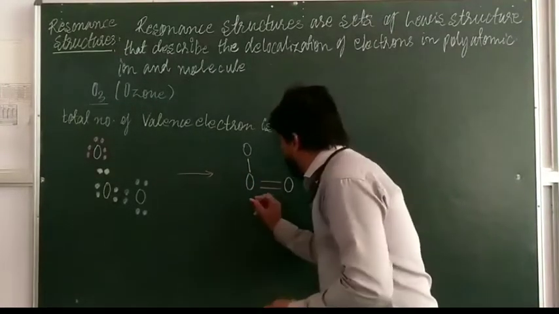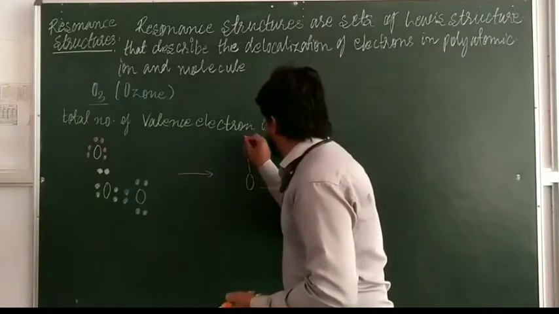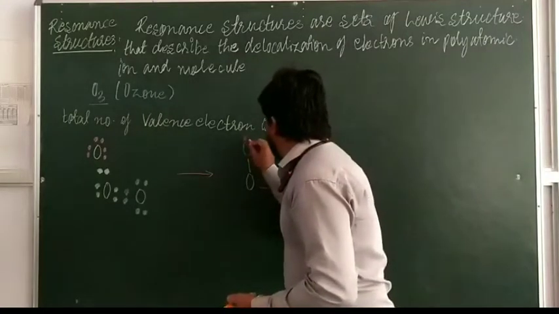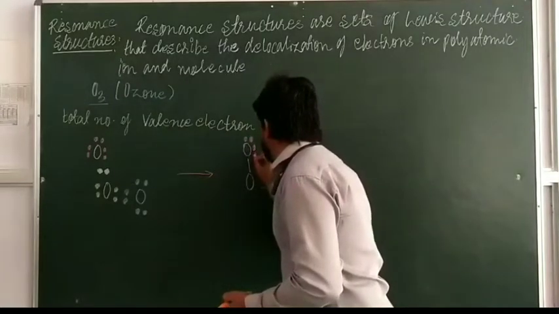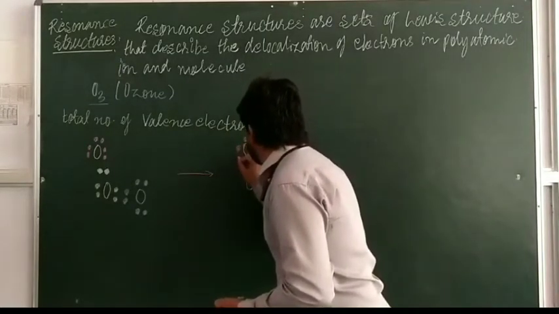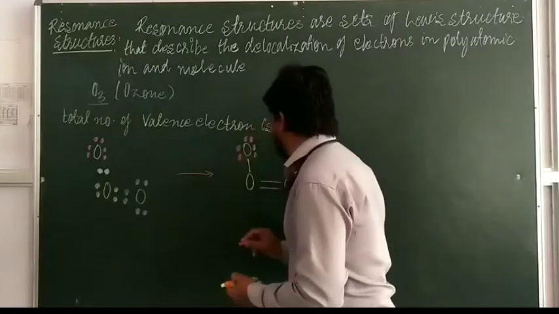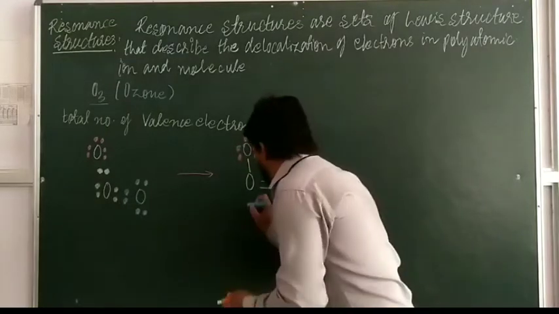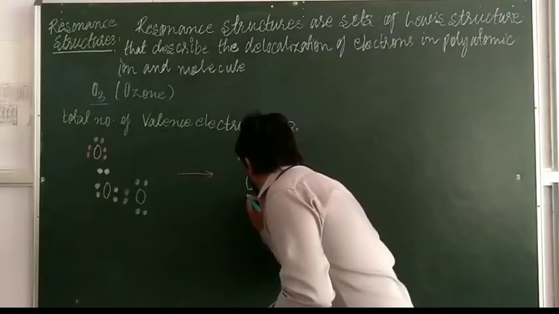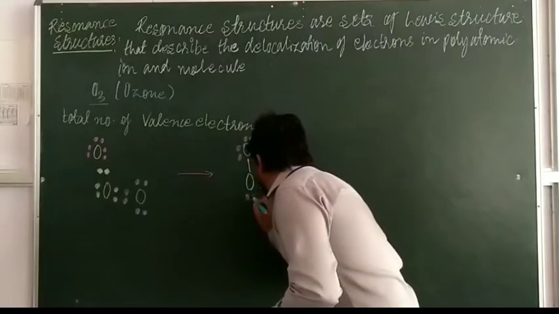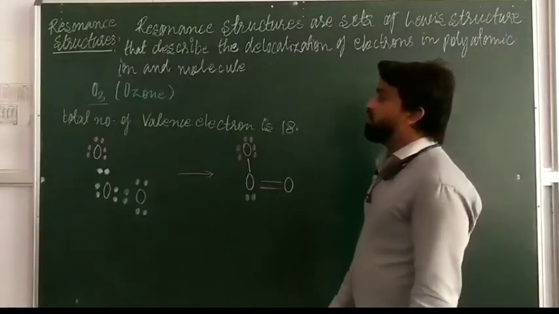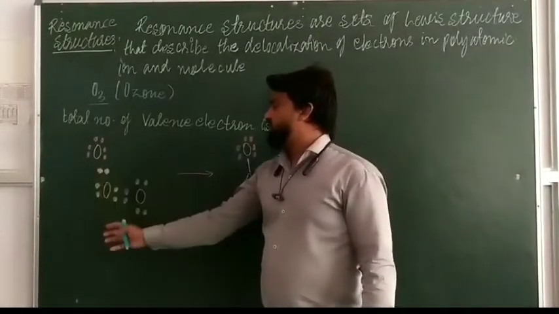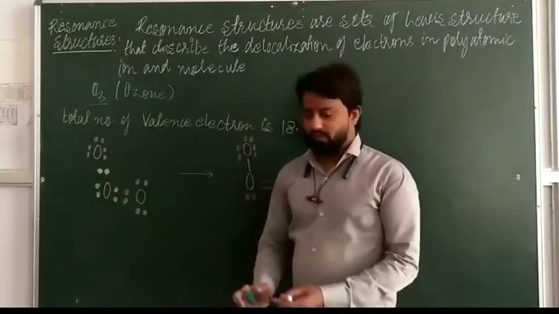Next, we have denoted the electrons. There are 6 electrons for this oxygen atom, and this one has only 2 electrons, that means 1 lone pair. This is the structure of the ozone molecule with this type of electron sharing.